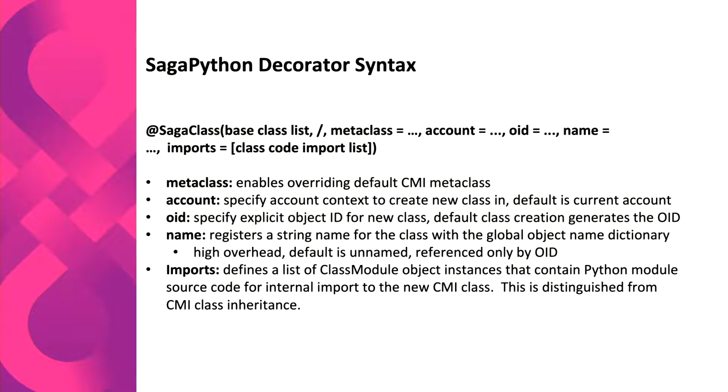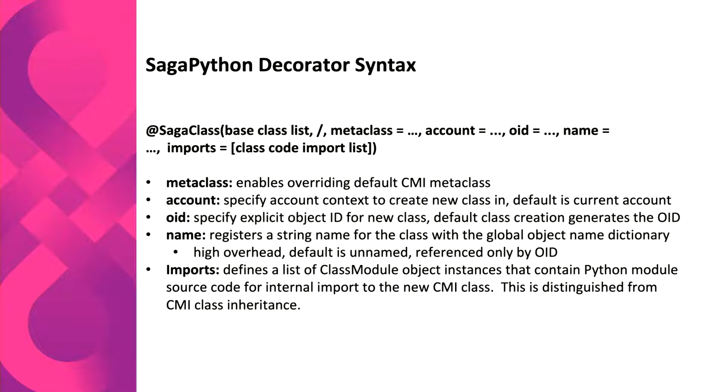The account normally is the current account of the transaction script, but in certain cases it's possible to say I want to create this class in a different account. In general it's not really interesting to have classes in your own account, and there's a global account for it.